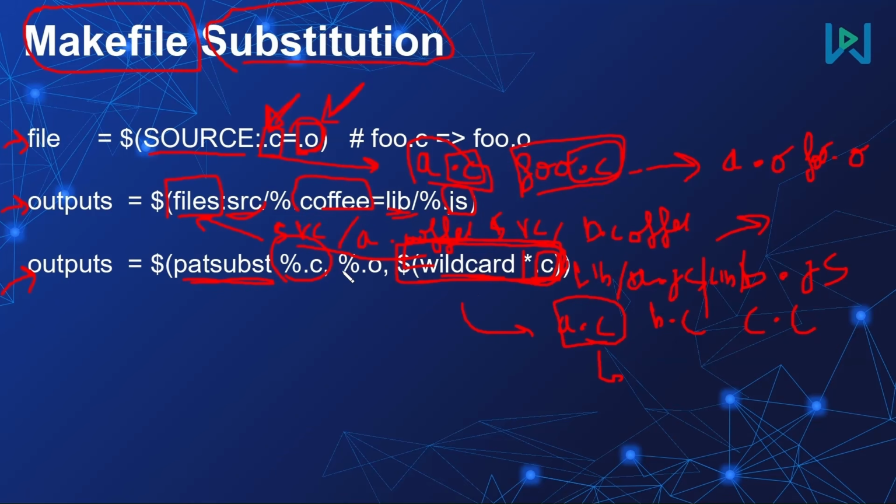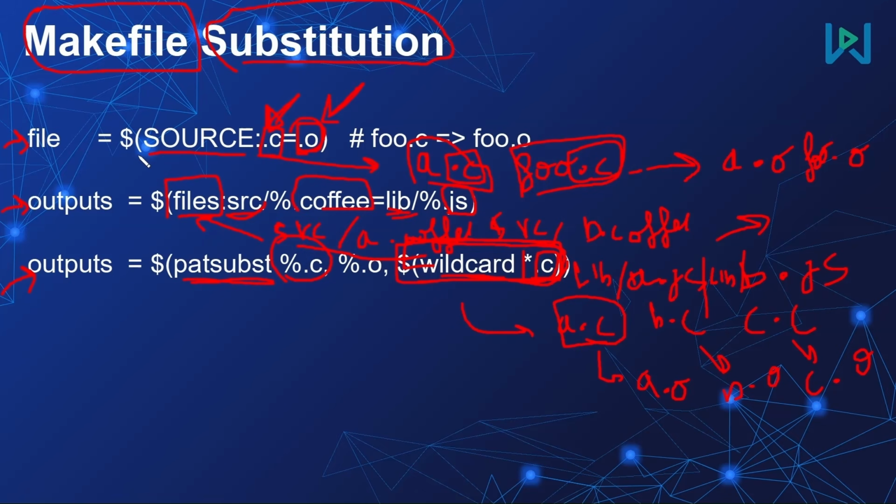However, it will substitute the .c suffix by the .o. As you can see, this is b.o, this is c.o, and so on.